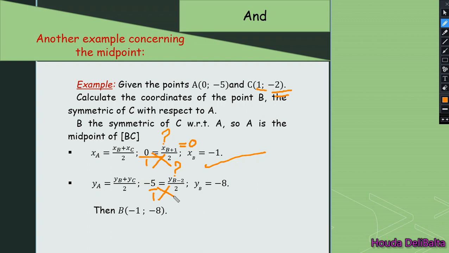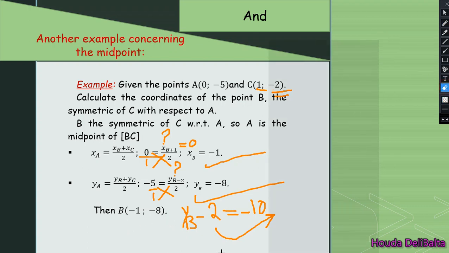I cross multiply to get YB minus 2 equals minus 10. Now taking 2 to the other side, I get that YB equals minus 8. And then B has the coordinates of minus 1 for the abscissa and minus 8 for the ordinate.